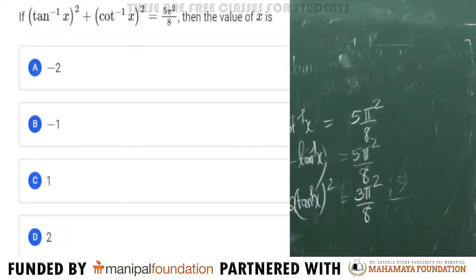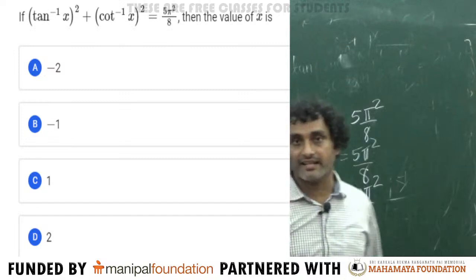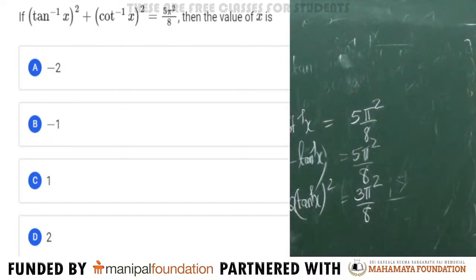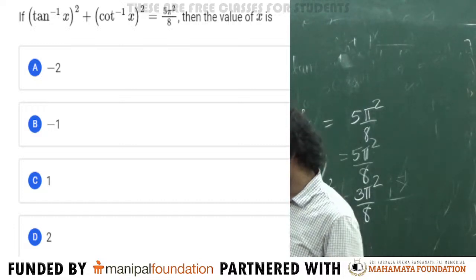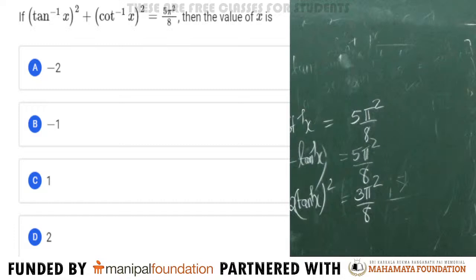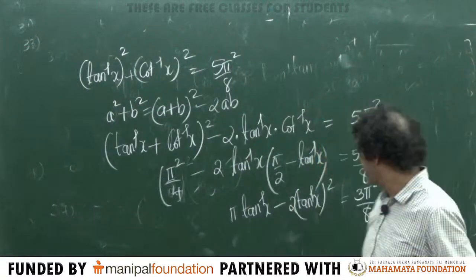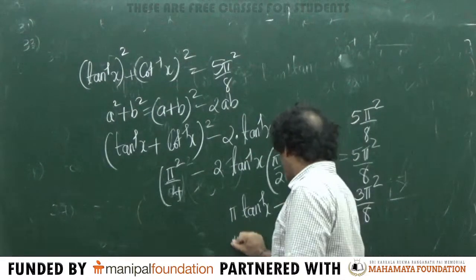Value of x is something like that, right? But here we have tan inverse x. So what you do is take x as 1. What is tan inverse 1? Pi by 4, right? We'll take each option and put and see. I'll pick x is 1. So tan inverse x is pi by 4.